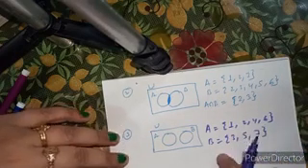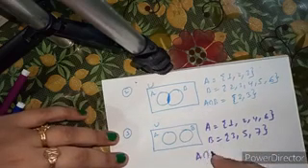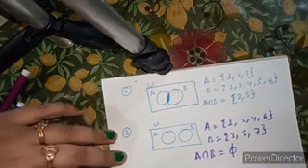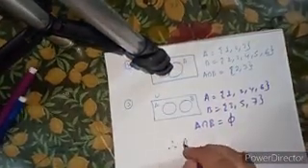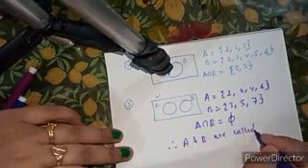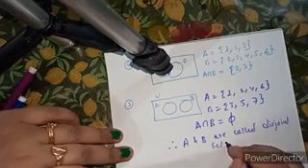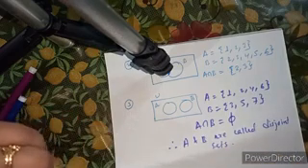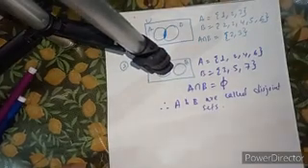So if you see here, there are no common elements. That is, A intersection B is empty. Therefore, these two sets A and B are called disjoint sets because there are no common elements between them. Okay, so that's why they are known as disjoint sets.